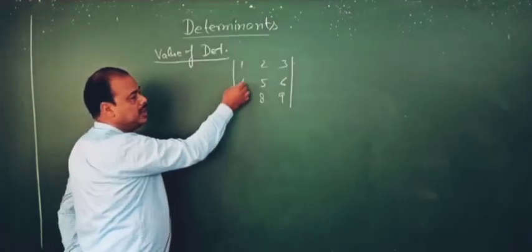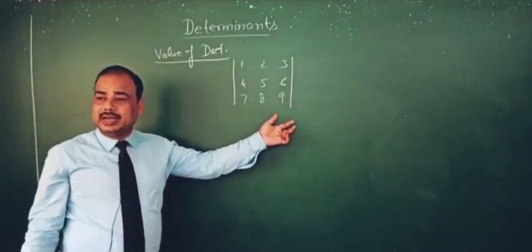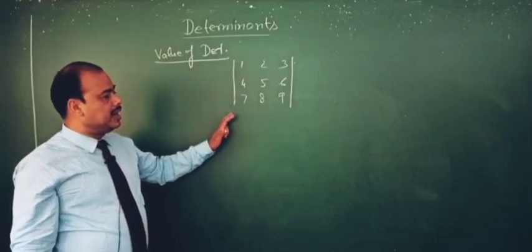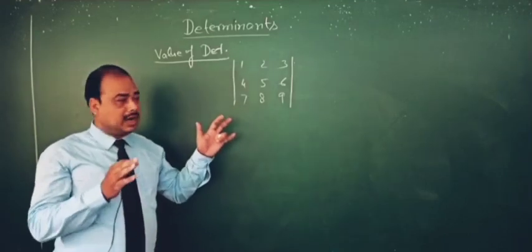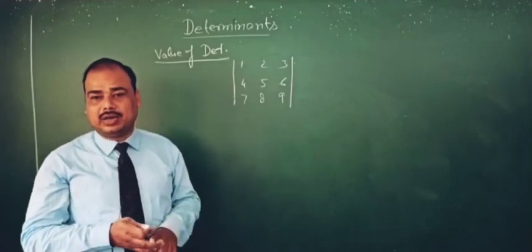How to evaluate this determinant, that is an order 3 determinant? We can expand a determinant with respect to any row or any column.